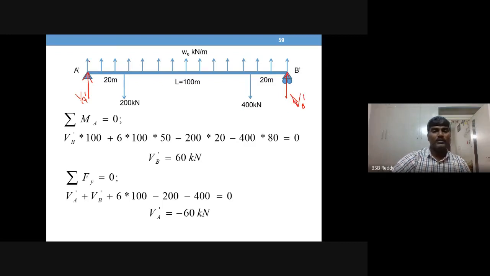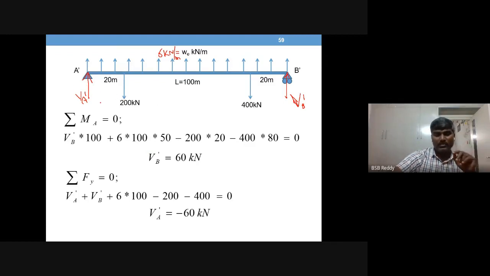So the upward UDL WE is equal to 6 kilonewton per meter, as already applied by the assumption. You have applied the assumption, so that will give you the equivalent UDL value 6.